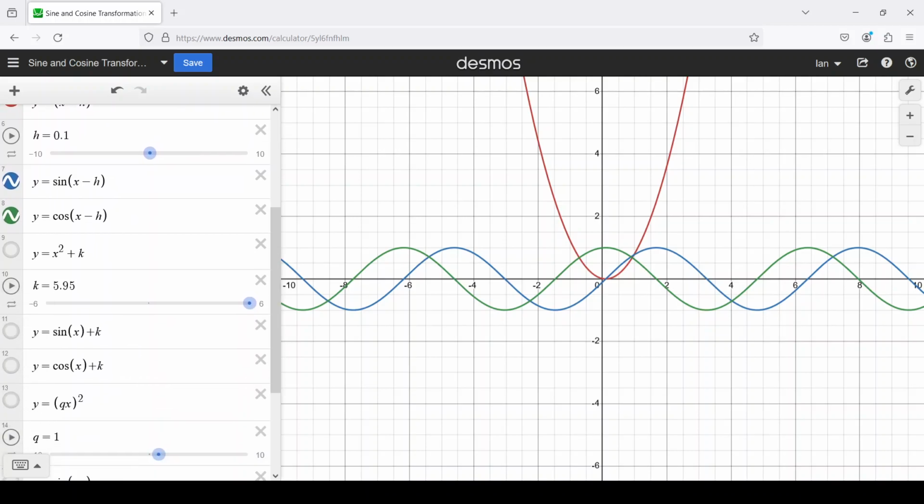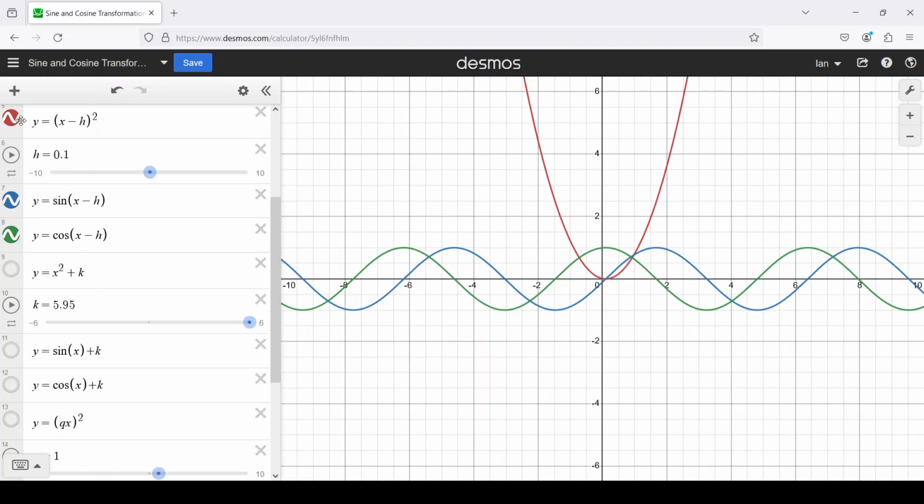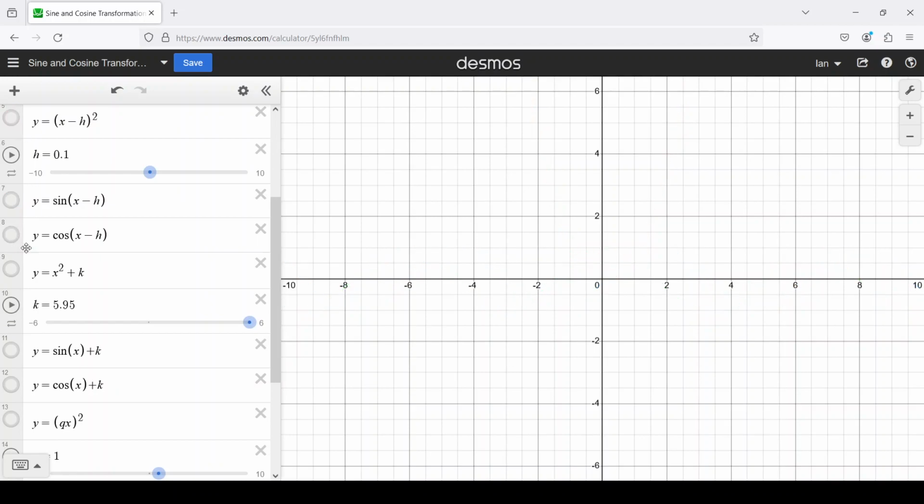How about k? Let's get rid of the h, and let's put up y equals x squared plus k. When k is 0, or very close to it there, there's no change. But what happens when we add a positive k? Well, we shift up. What happens when we add a negative k? Well, we shift down. What do you think the effect will be for sine and cosine?